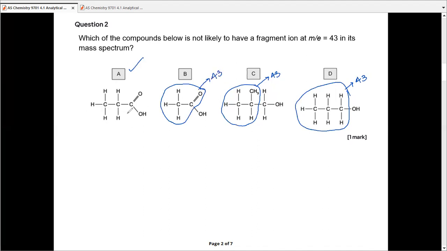Whatever I do to this one, I don't end up at 43. If I try to take this part out, not 43, of course. I can't really take CO and CH3 out of it, which is not possible as a fragment in this case, of course.